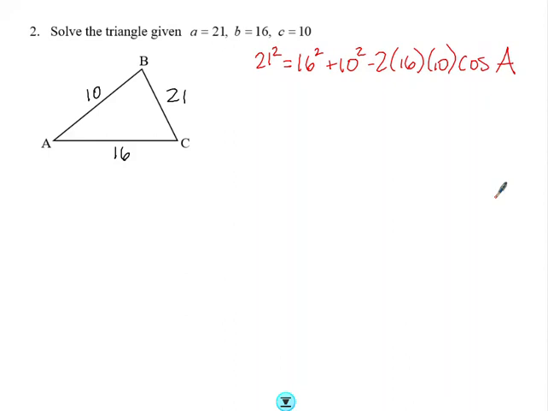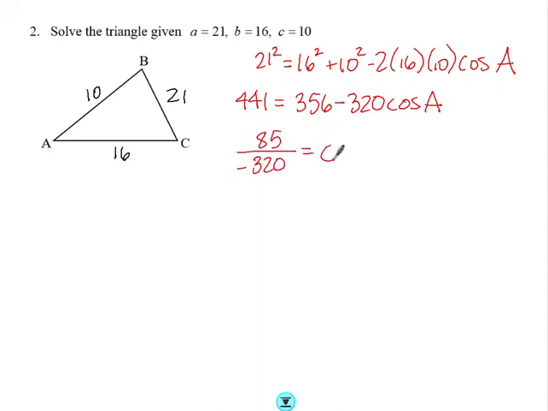So I'm going to simplify a little bit. I get 441 equals 356 minus 320 cosine of A. If I do a little algebra, I end up with 85 over negative 320 equals cosine of A. So I need to do inverse cosine of both sides, and I have that the measure of angle A equals inverse cosine of this fraction.